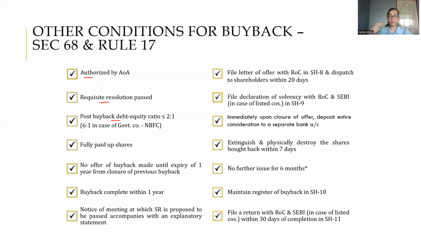And when the company is going for buyback, only those shares can be bought back which are fully paid up, and no second offer for buyback can be made until expiry of 1 year from the closure of the previous buyback. So if the previous buyback closed on 1st January 2022, the company cannot make a second offer for buyback until the expiry of 1 year from 1st January 2022.